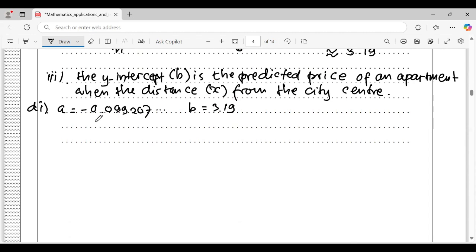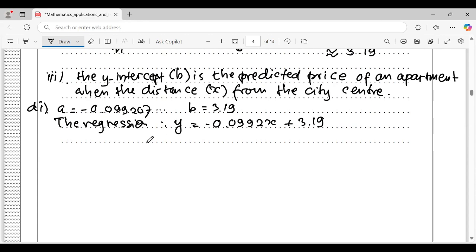So the regression equation is y equal to minus 0.0992 x plus 3.19.